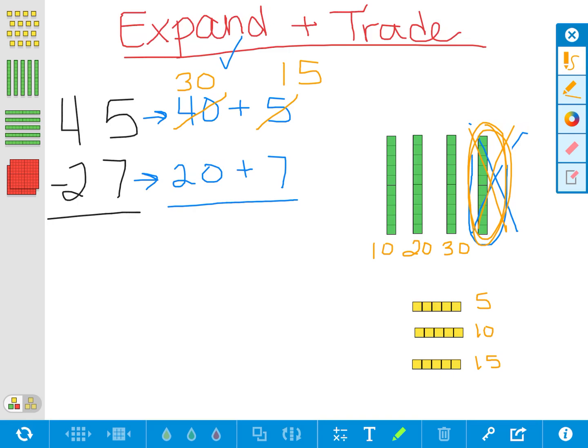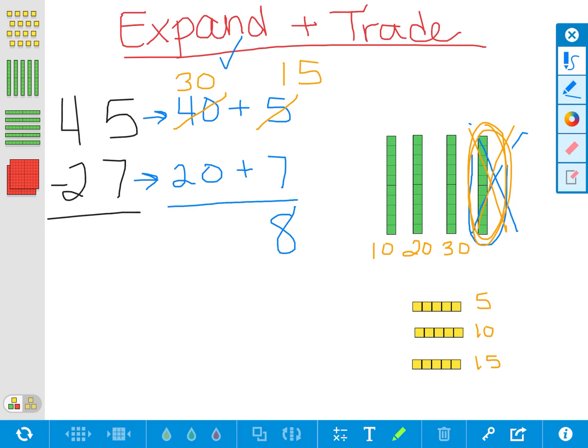Now if I look at my problem, is this 15 larger than this 7? Yes, it is. So now we can actually subtract. So let's do it. So my new problem has become 15 minus 7, which is 8.